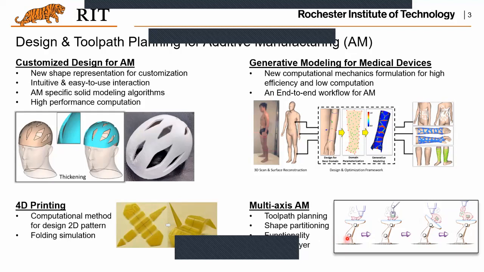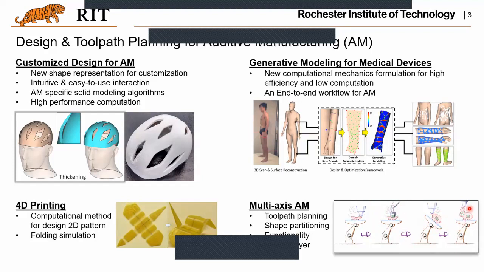So another benefit would be, it is possible to embed the functional parts into the printed product during the printing process. As you can see here, in this example, this model has some electronics part inserted during the printing process.